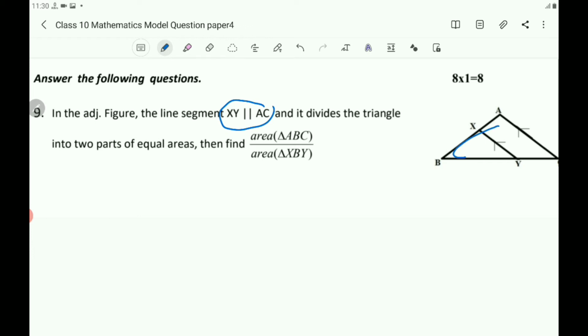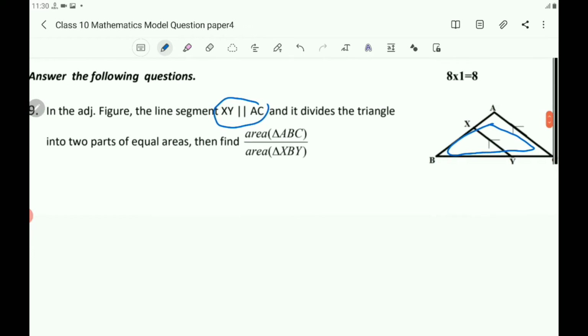Here ABC is a given triangle and XBY is the new triangle which is formed by drawing the line XY parallel to AC, and it is given that XY divides the triangle ABC into two parts of equal area.